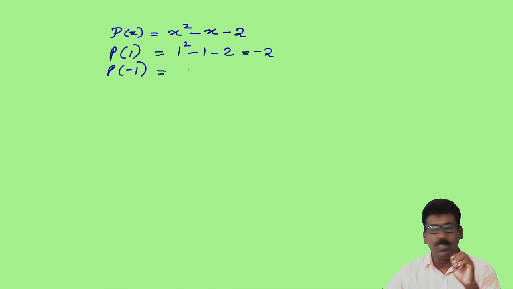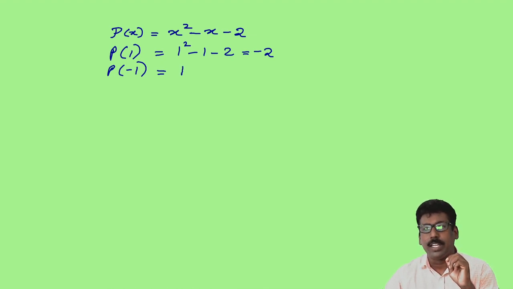Now, what is P of negative 1? P of negative 1 is equal to negative 1 square, that is 1, minus negative 1 minus 2. 1 minus negative 1 means 1 plus 1, that is 2 minus 2. You get a 0. And what is P of 2?